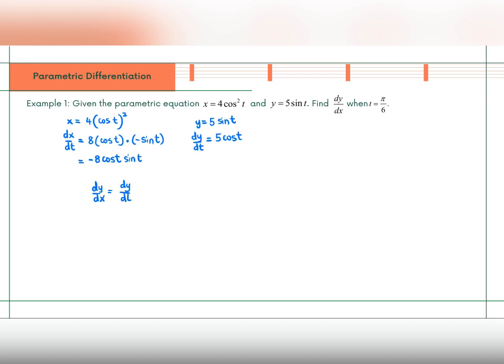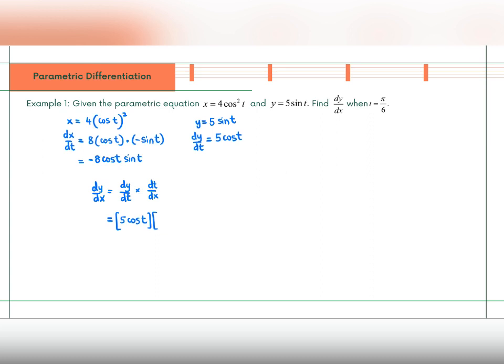So dy over dt multiplied by dt over dx. Okay, so that dt over dt can be cancelled out. So we are going to be left with dy over dx. The function that we have for dy over dt is 5 cos t, and dt over dx.